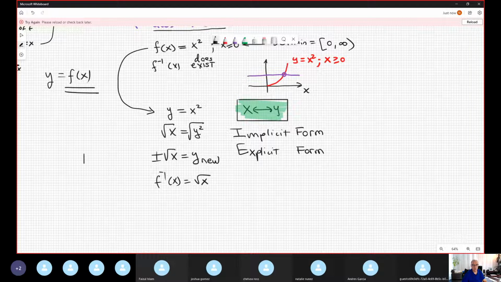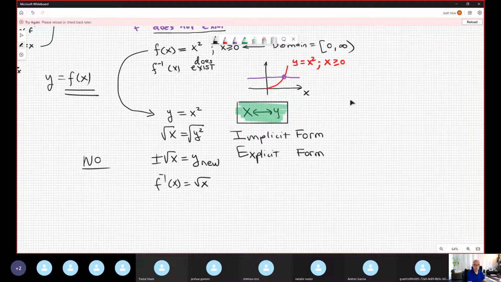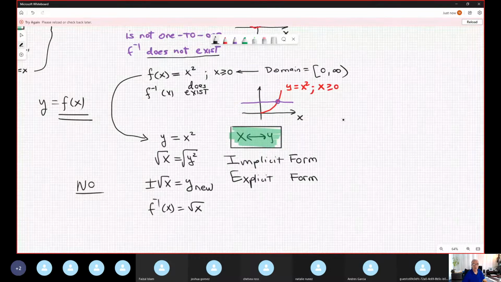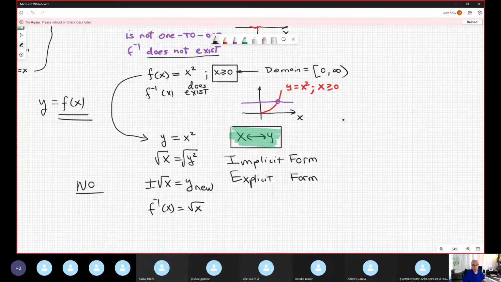The answer is no. The reason is that, don't forget, you assumed at the beginning only positive values. So no plus and minus, unlike when you are solving a quadratic equation, where you use plus and minus. In this case, no.